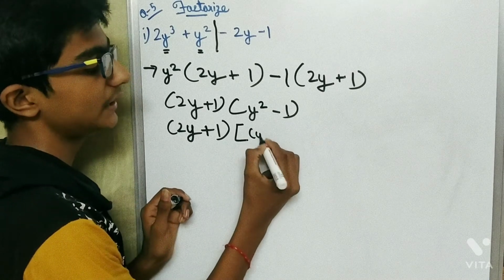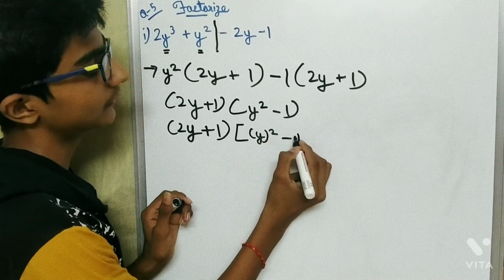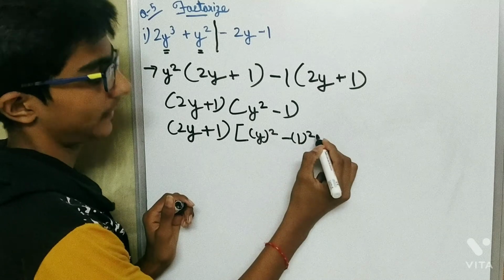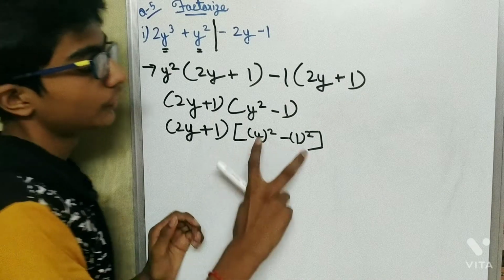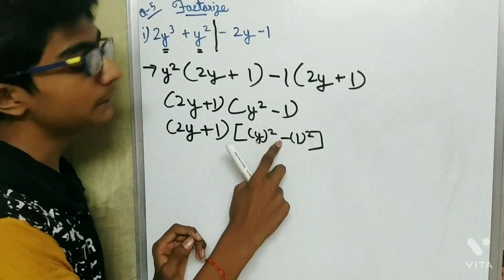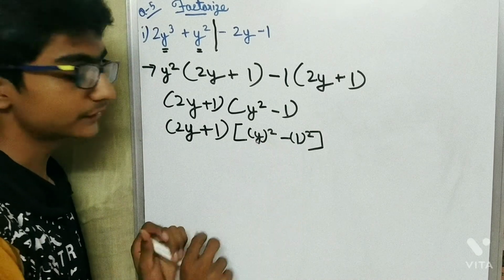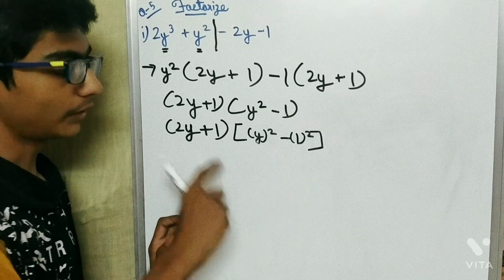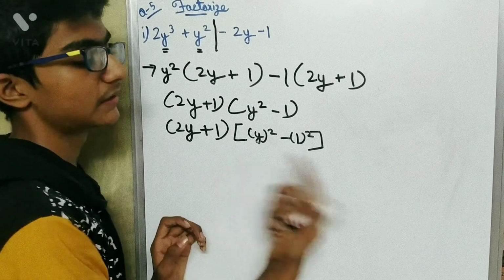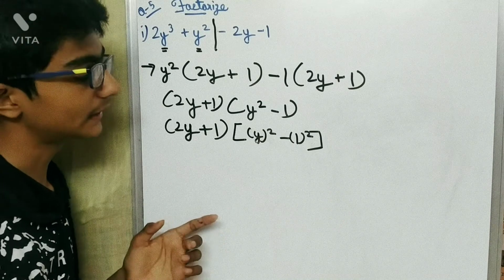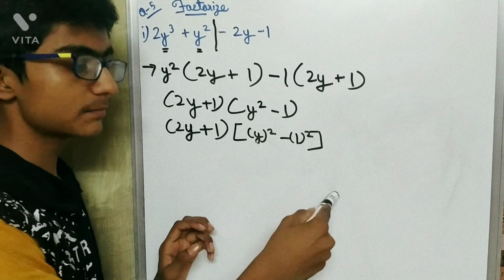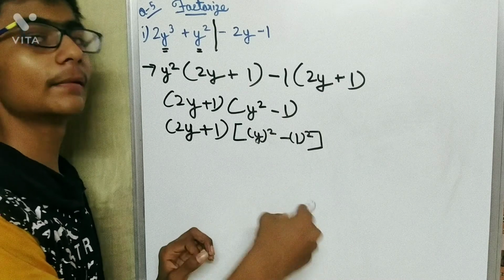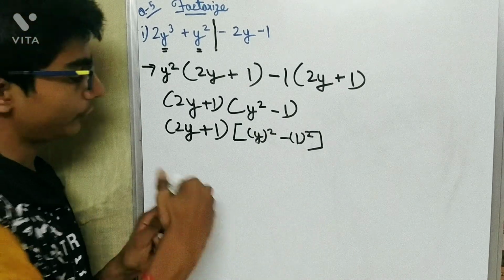So here it will be y square minus 1 square. See, another identity is that if two squares are given and in between them the sign is minus, then you will write them one time as plus and one time as minus. This is the identity: a square minus b square is equal to a minus b whole bracket a plus b. So see, here I am doing that.